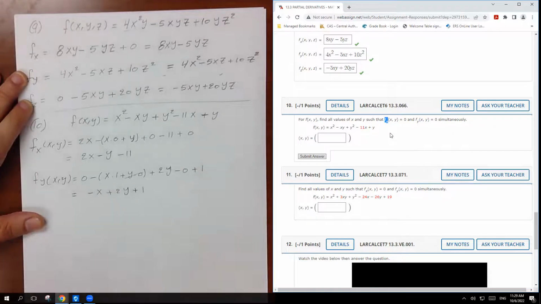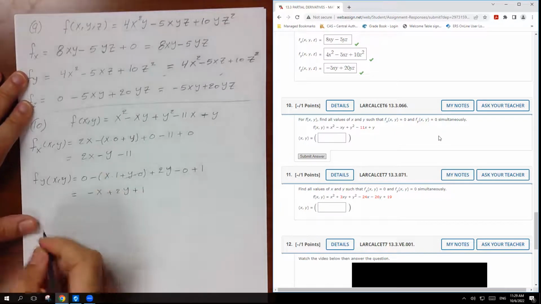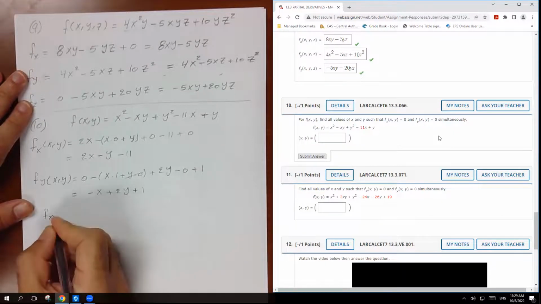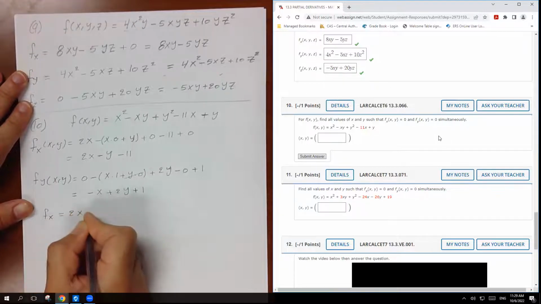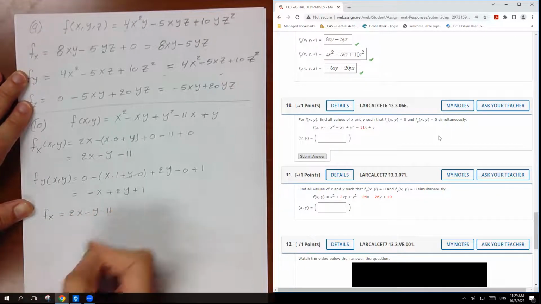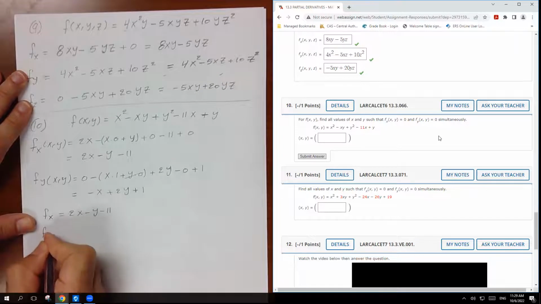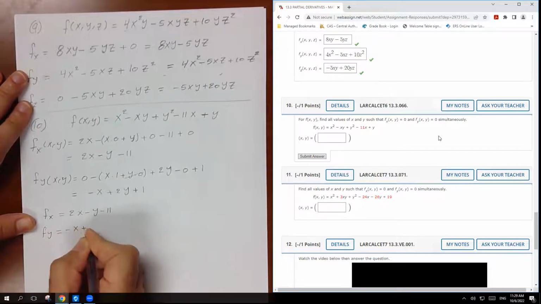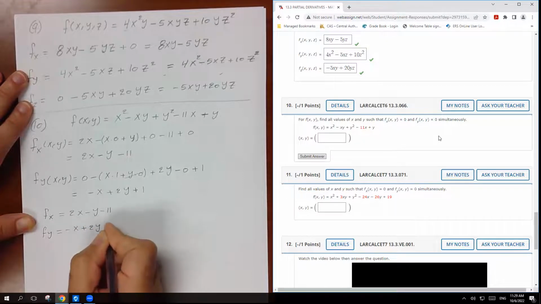They're telling you f sub x equals 0, f sub y equals 0. That means I already have f sub x equal 2x minus y minus 11, and f sub y equal negative x plus 2y plus 1.